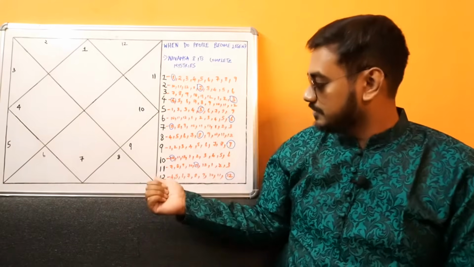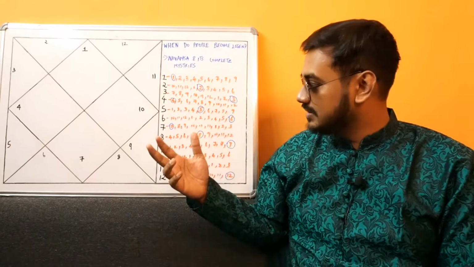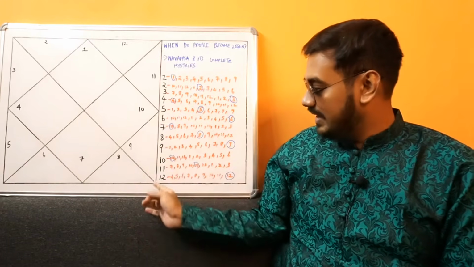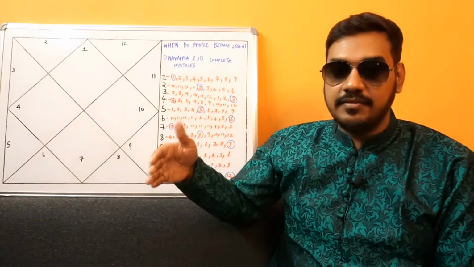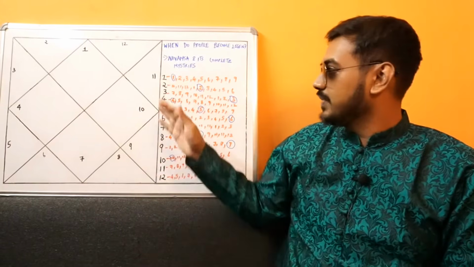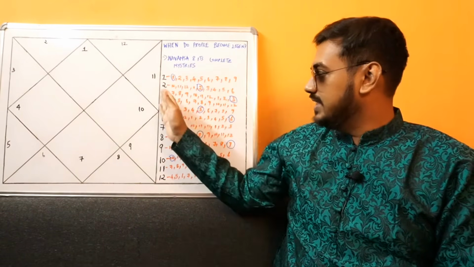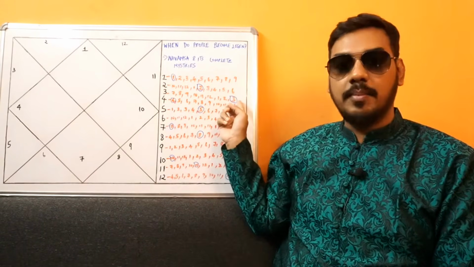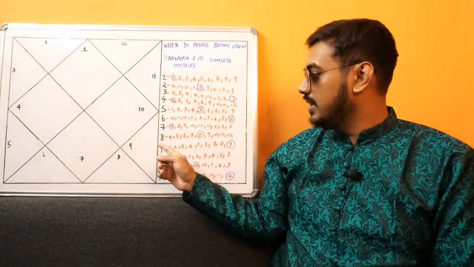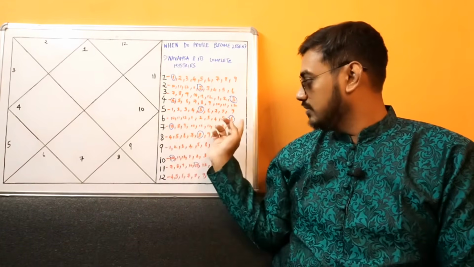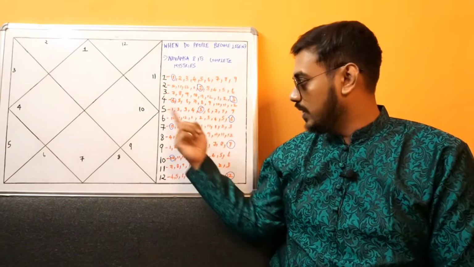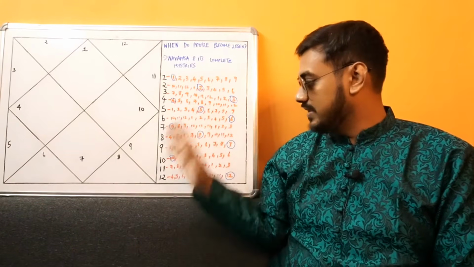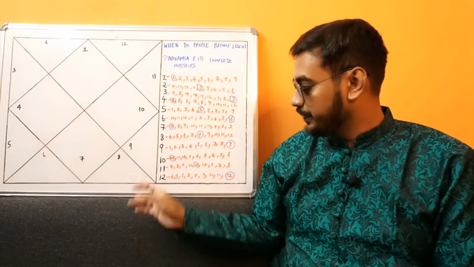And for dual nature signs, that is Gemini, Virgo, Saggy and Pisces, the own sign will fall in the last Navamsha. So for Gemini, number 3, the Gemini Navamsha will come in the last part, the ninth part. Similarly for Virgo, the Virgo Navamsha comes in the last part. So Virgo starts with Capricorn, ends with Virgo. Similarly, Saggy starts with Aries and ends with Sagittarius, its own Navamsha, and Pisces.